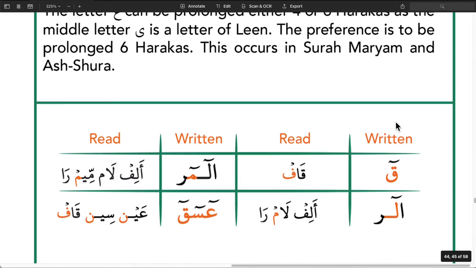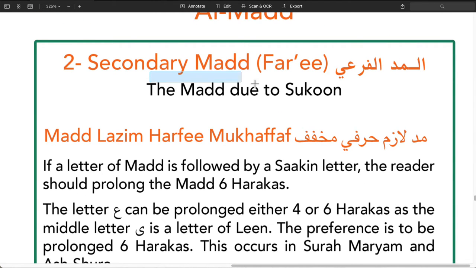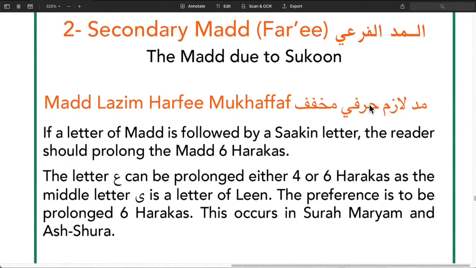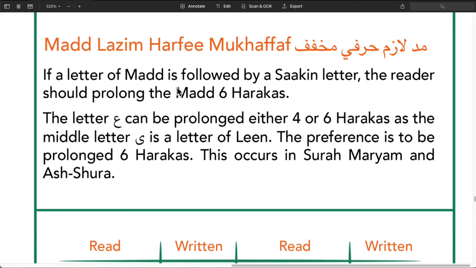Next page. We are still on the mad that are due to sukoon. What else? Here we see mukhaffaf, light, mad lazim harfi mukhaffaf. If a letter of mad is followed by a sakin letter, the reader should prolong the mad 6 haraka.